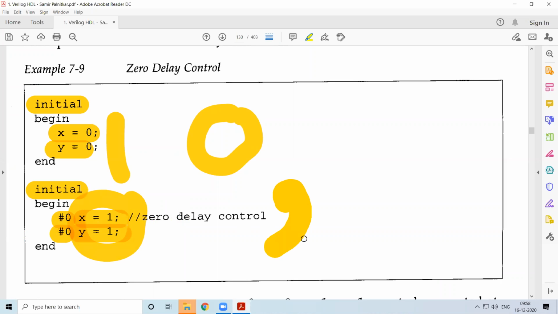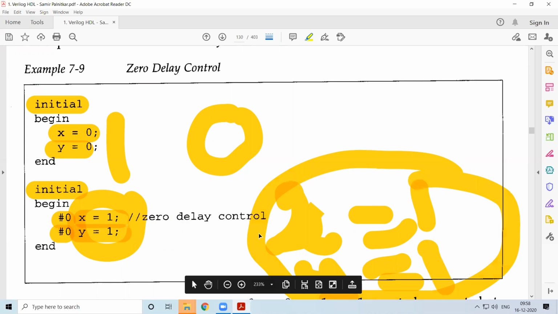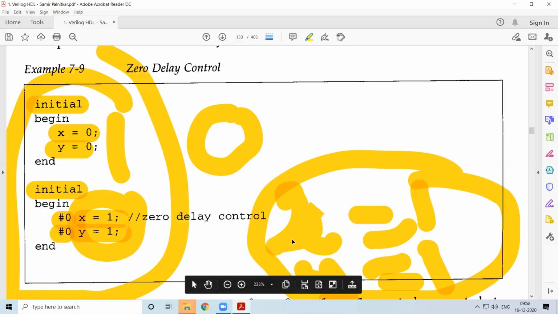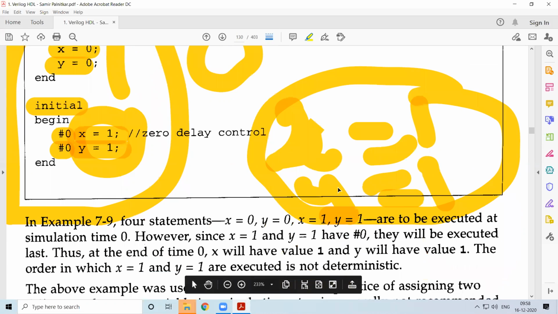So in the end, x will be stored with the value of 1 and y will be stored with the value of 1. This is confirmed. If #0 is not used, this is not confirmed. If #0 is used, then it is confirmed that x is equal to 1 and y is equal to 1 at the end of execution of these initial blocks. So this is what happens in zero delay control.